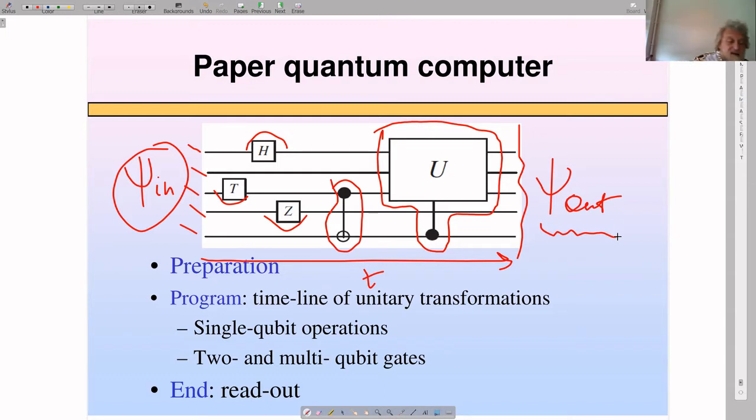So again, the computer is prepared in the same known initial state, the program runs, and the output is read again. So that's how people thought and think of practical implementation of a quantum computer.